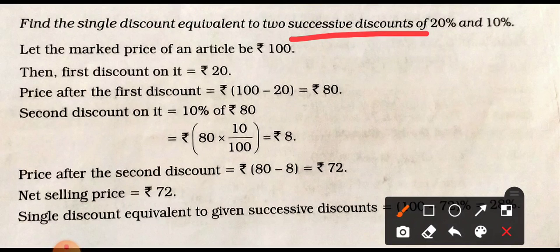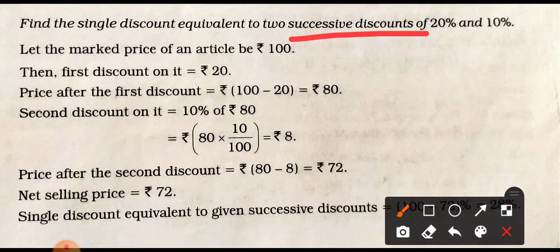It means that once he has already given a discount, and the article is not sold after that discount, the shopkeeper allows another discount, and both discounts are termed successive discounts. Sometimes a shopkeeper gives 2 discounts, 3 discounts, 4 discounts also in order to clear his stock. Now the question is: find the single discount which is equivalent to 2 successive discounts of 20% and 10%.